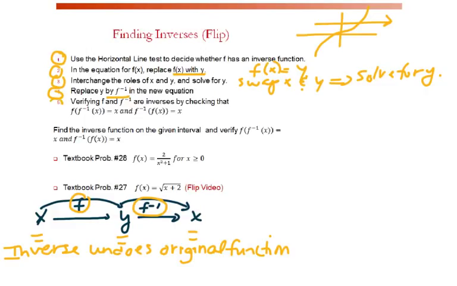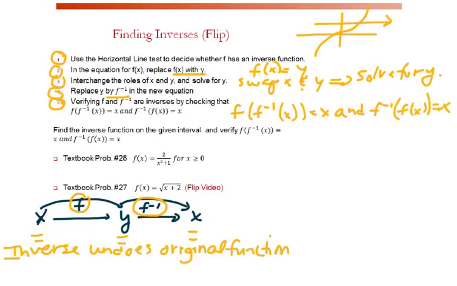And then lastly, a good rule of practice is to verify that they indeed are inverses. This is a property of inverse functions. If you take the composite, and you have to do it in both directions, of f with its inverse, that has to equal x, and the other way, f inverse composite with f of x also has to equal x.